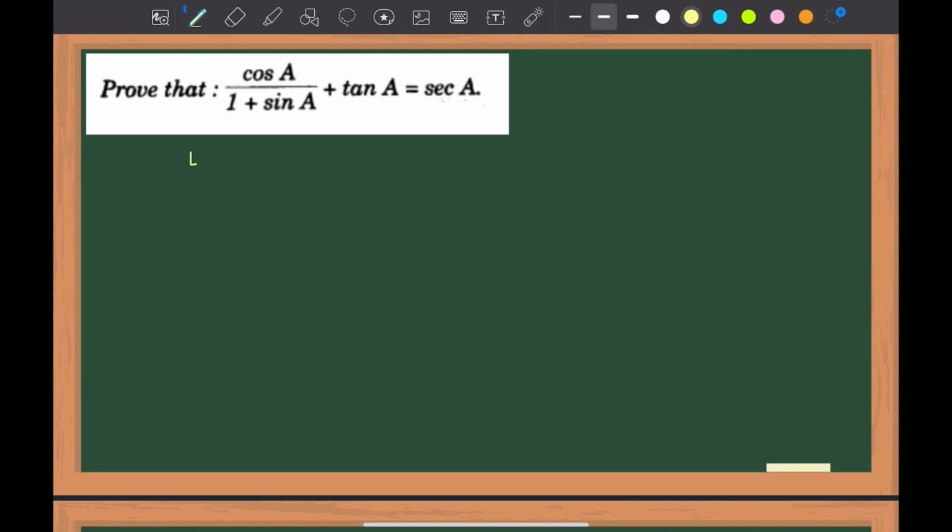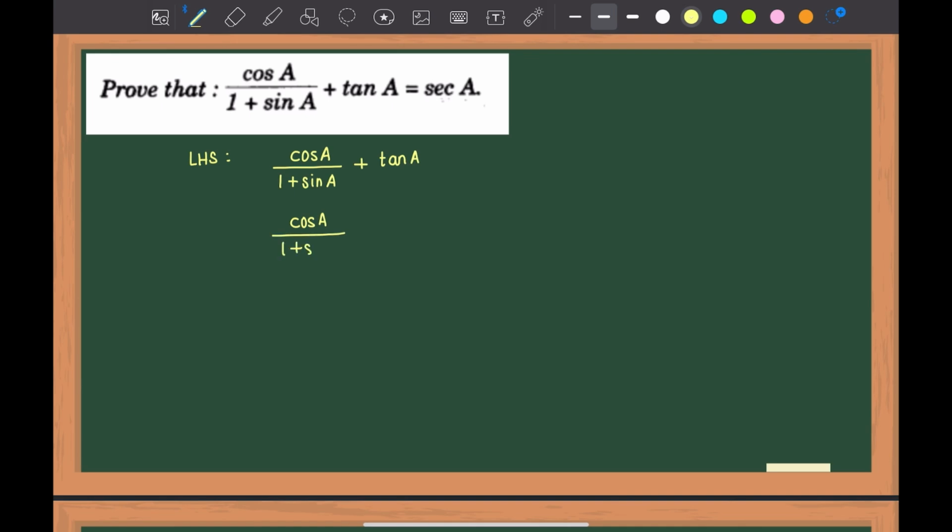So starting off with left hand side, we will be writing cos A divided by 1 plus sine A plus tan A. In the next step, we will be converting the tan A portion into sine and cos.